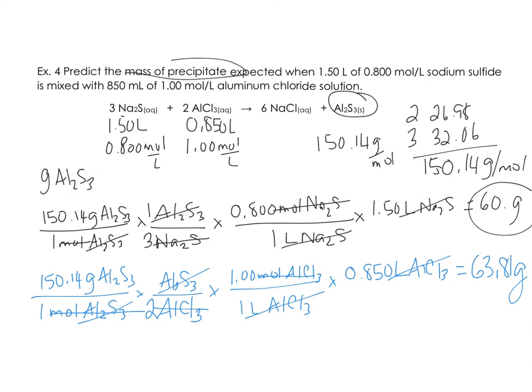So the maximum mass of precipitate is 60 grams, and our sodium sulfide is the limiting reagent.